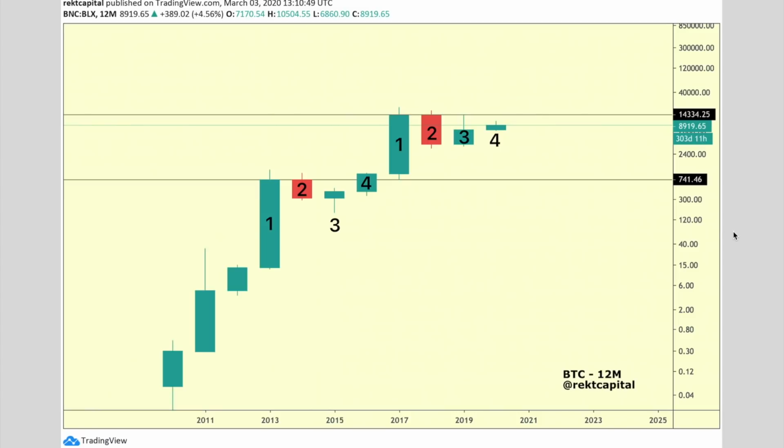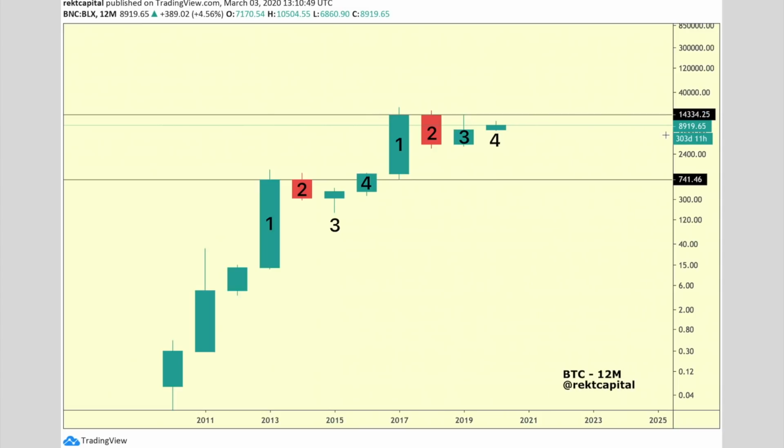And before we move forward here, the thing to notice every time we see a breach past this resistance, or even this resistance that we need to breach right now, we need to bear in mind that 20,000 is this wicking price action right over here. Very similar to what we saw here, right? But the thing to note, on the 12-month time frame for Bitcoin, the 20,000 level isn't as important as this level is.